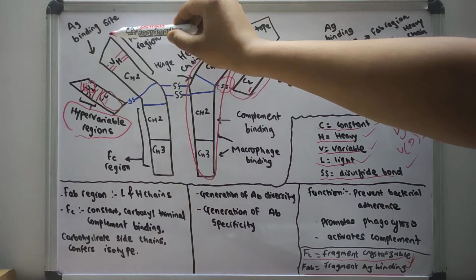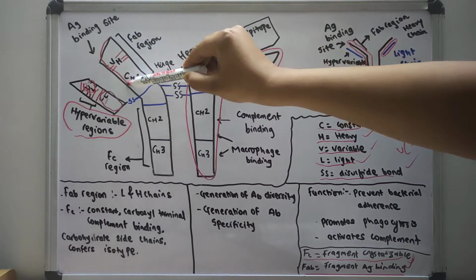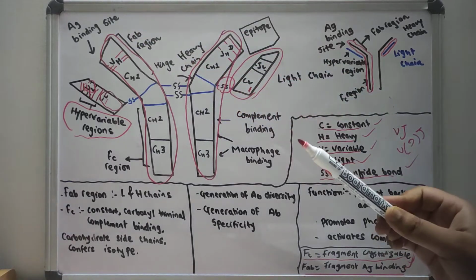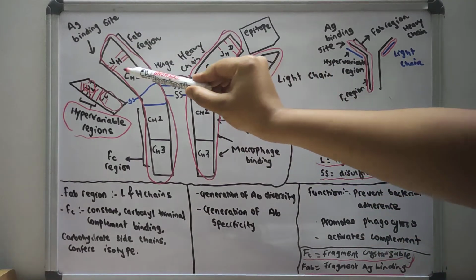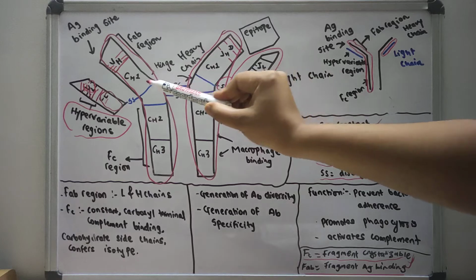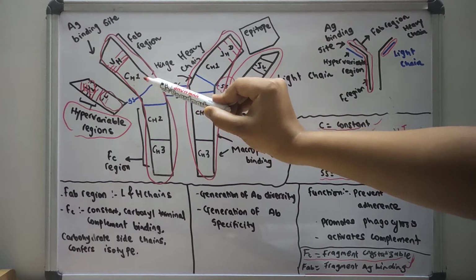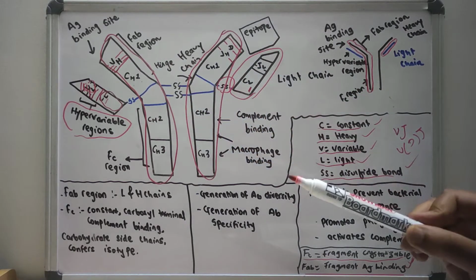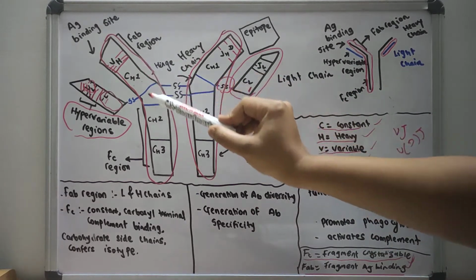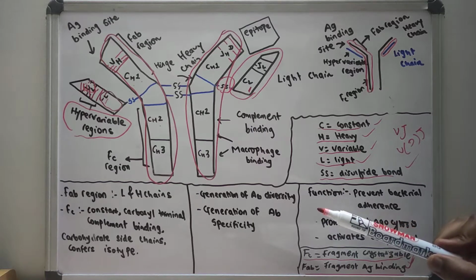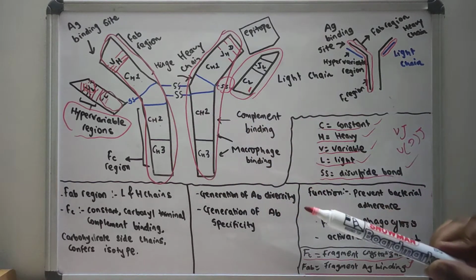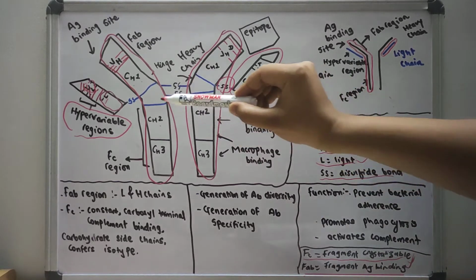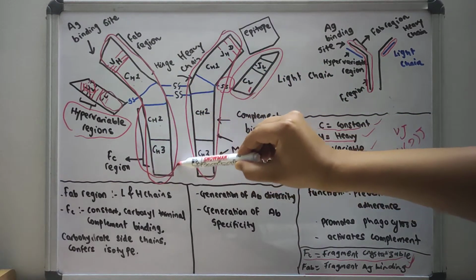Let us talk about the heavy chain. In the heavy chain there is the VH region, the variable region of the heavy chain, and three CH regions: CH1, CH2, and CH3, the constant regions of the heavy chain. And here is the FC region.